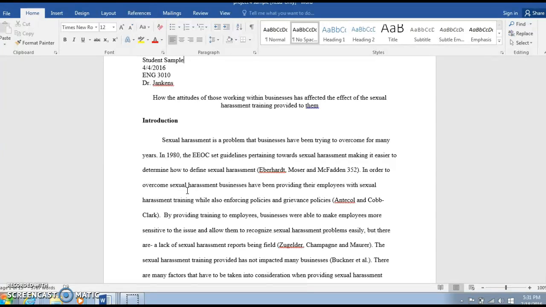So the idea here is, you can see from the first paragraph that what the student's doing in this paragraph is establishing the general topic and making the claim that this topic is important. So we can see that the topic is sexual harassment in the workplace and how difficult it is to overcome, right?